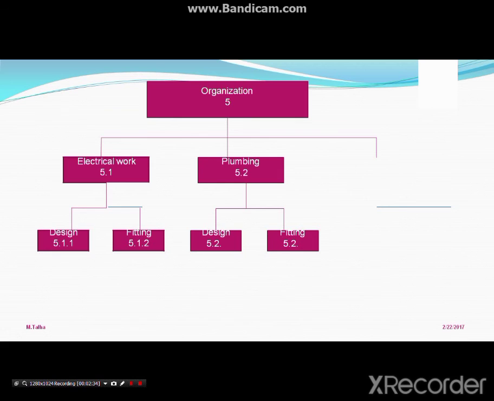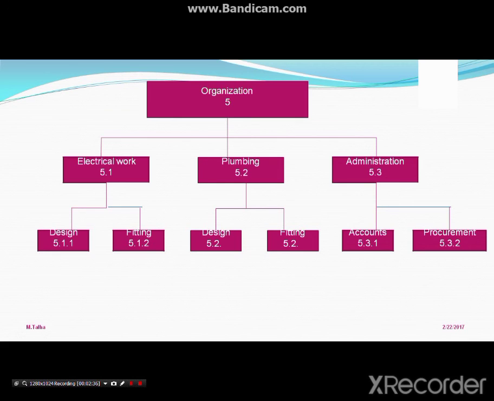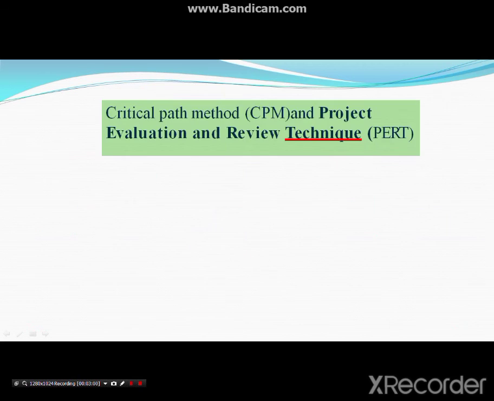In plumbing also there will be design and fitting, and there will be an administration part also, taking care of accounts and procurement, where material is to be purchased and delivered on time during construction. That thing also has to be done in the administration part. So the organization is divided into three parts. Because of this division, the work is done smoothly.